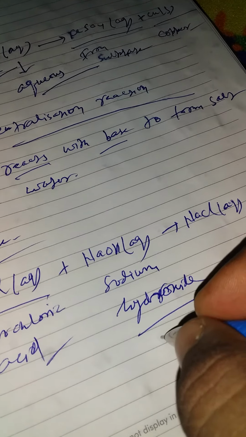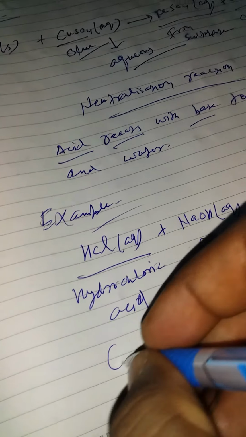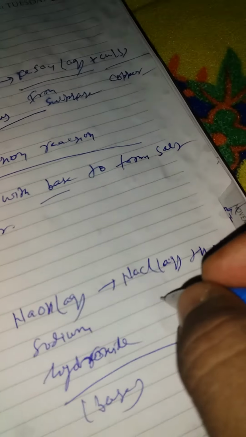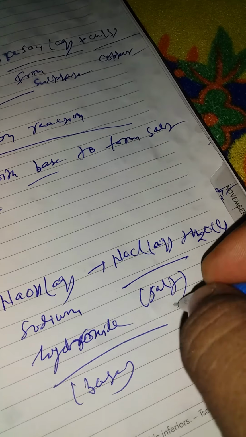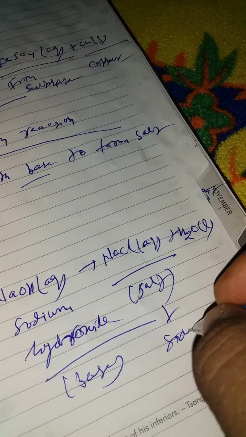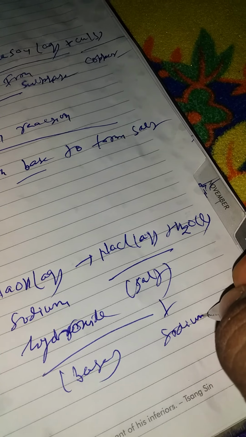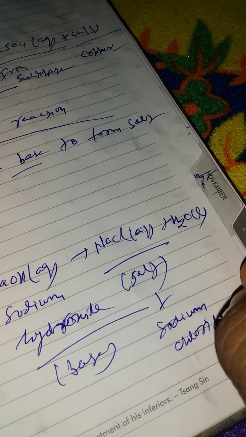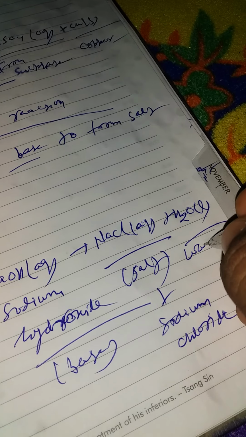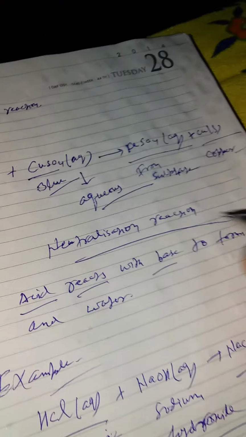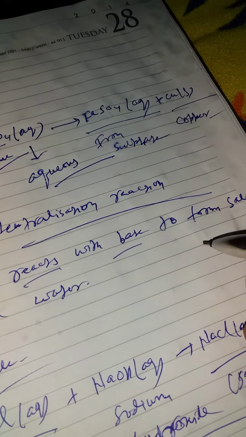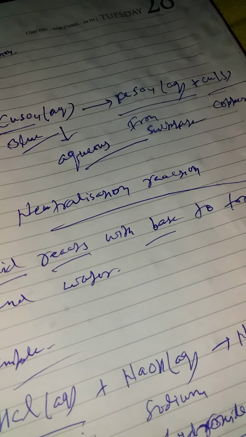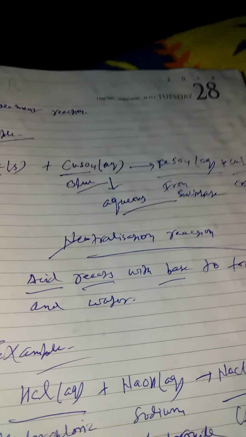It is base, it is acid, and the new substance formed is salt, sodium chloride. And H2O is water. So neutralization reaction is a chemical reaction in which acid reacts with base to form salt and water, and such type of chemical reaction is called neutralization reaction.